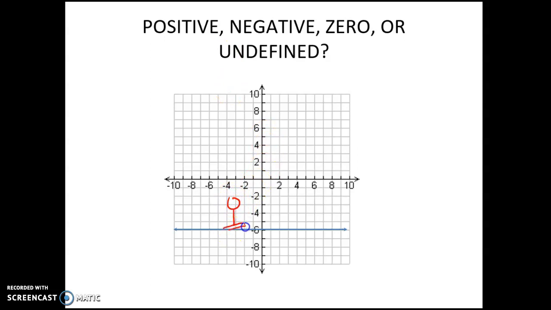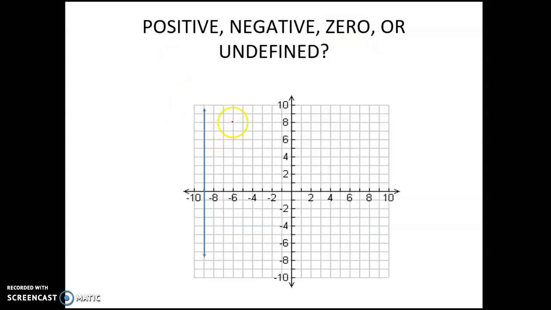Where's he gonna go? Well, he's gonna go nowhere. He's not gonna move at all. This hill is flat. He is just gonna sit. So since he is not going anywhere, this is 0 slope. Okay, so anytime you have a horizontal line, that is going to be 0 slope.